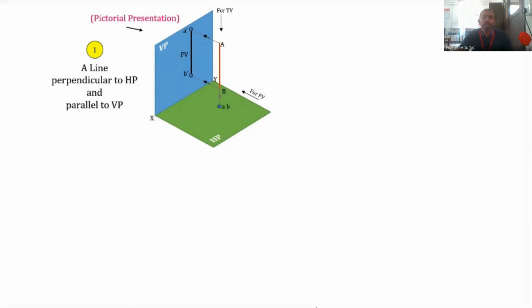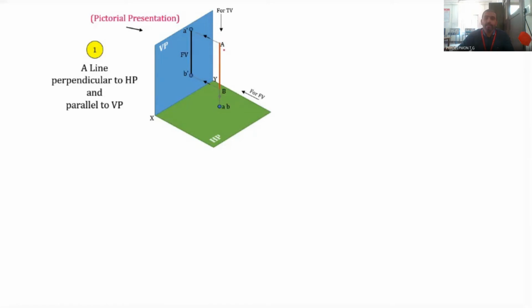So this is point A, then B. We always name it A, then B, because here the point A is on the upper side, towards the viewer. Whichever point is towards the viewer, we give it as the first letter in the view. So if A is here, then it is AB.